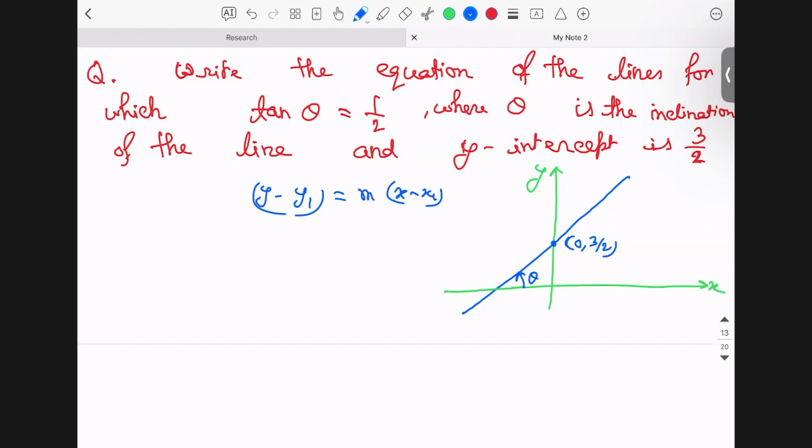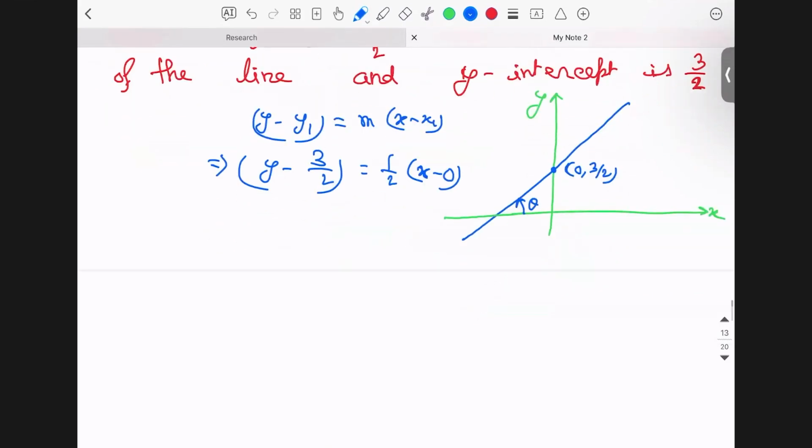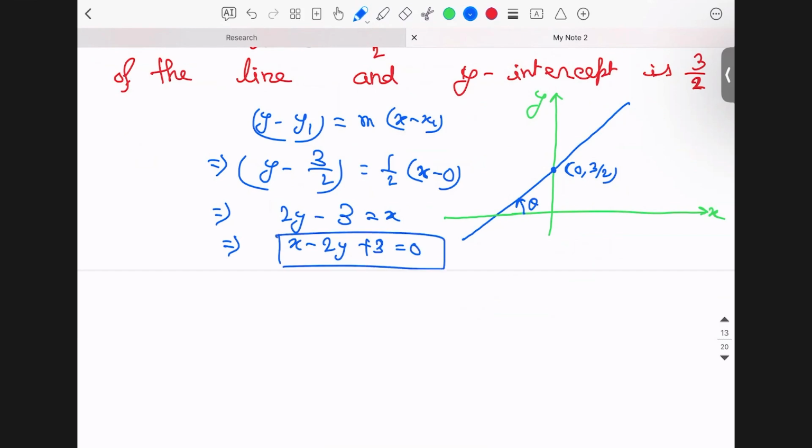So let's put it: y minus 3 by 2 equals half x minus 0. This will further give us 2y minus 3 equals x. This will give us x minus 2y plus 3 equal to 0.